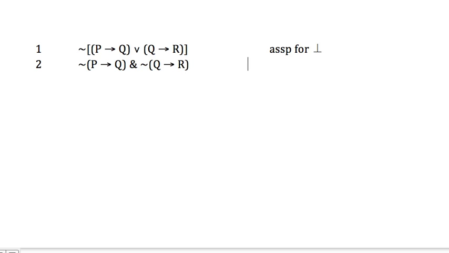So that comes from 1 by De Morgan's. Now what? Well, obviously we can simplify. So we'll go ahead and do that. 2 simplification, one more simplification gets us not Q arrow R. That's once again 2 simplification.